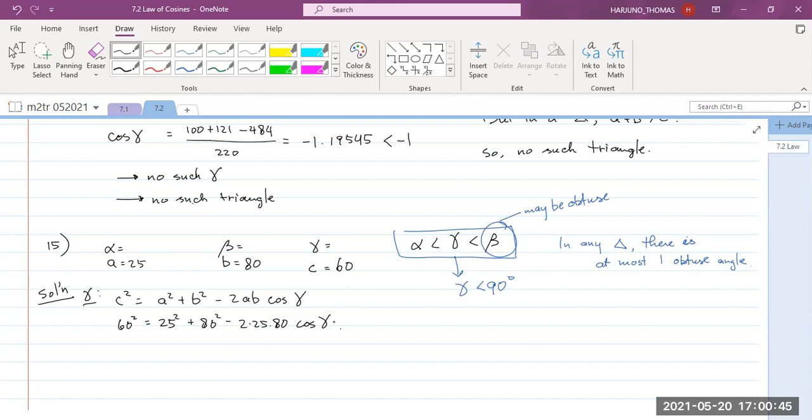For example, if you look at this number 15, can you tell what angle alpha is approximately? Well, we know for sure it's less than 90, right? Even gamma is already less than 90. But can you see that alpha is actually even less than 30 degrees?